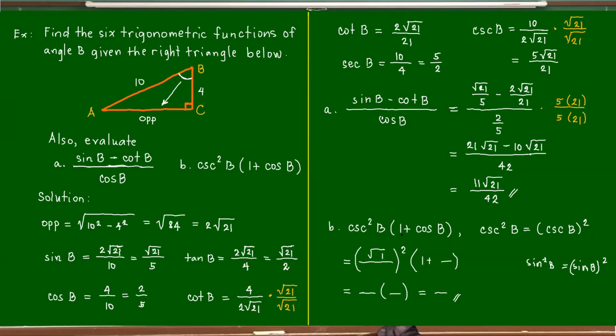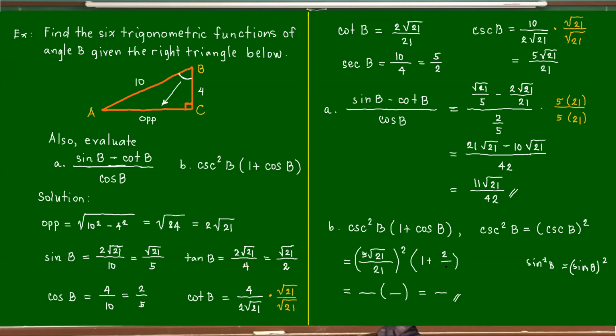Okay? So what is cosecant B? Cosecant B is 5 square root of 21 over 21. So we have 5 square root of 21 over 21, and then quantity squared, multiplied to 1 plus cosine B. Cosine B is 2 over 5.